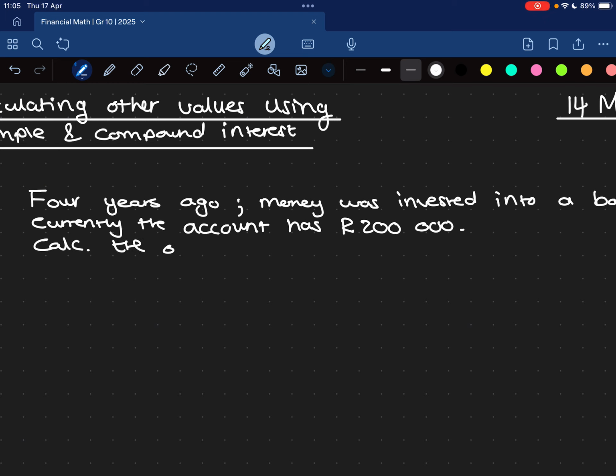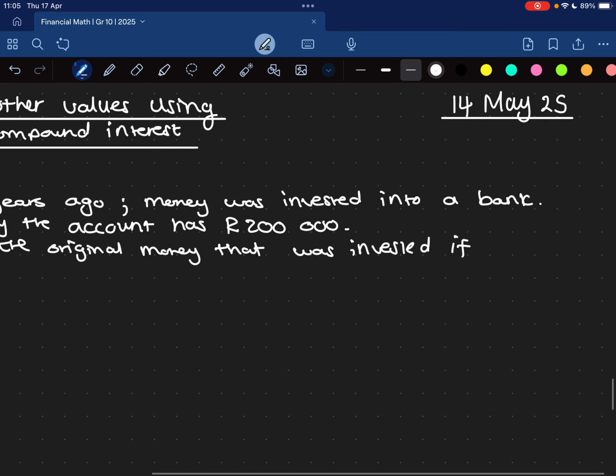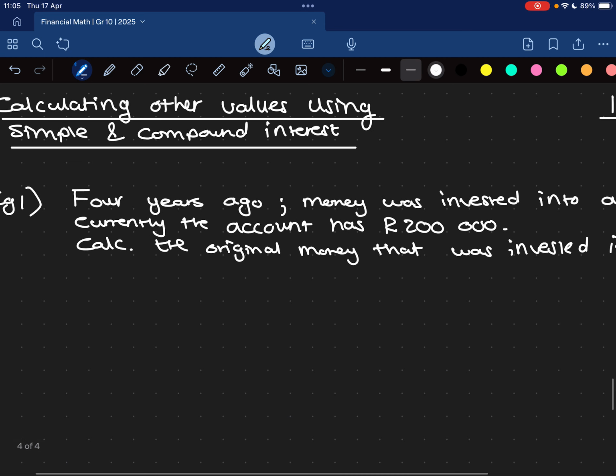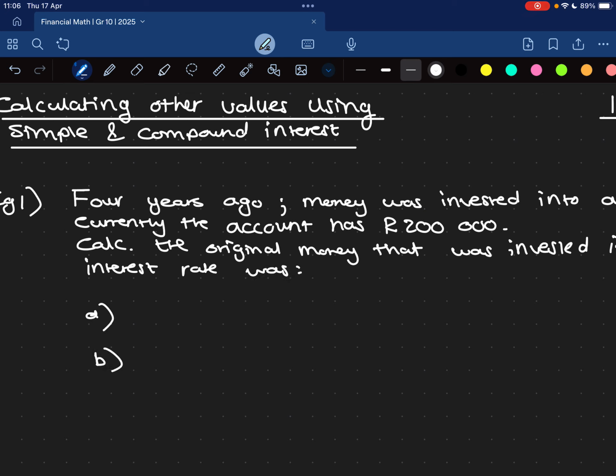Calculate the original money that was invested if the interest rate was, and then there's two parts.